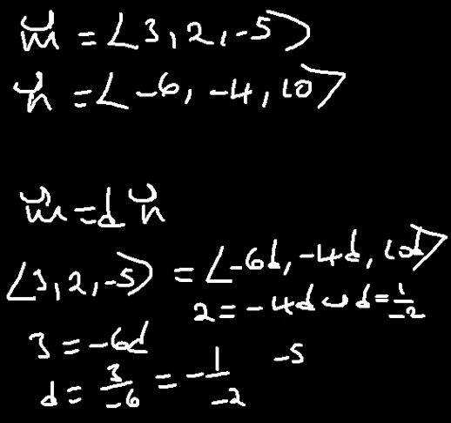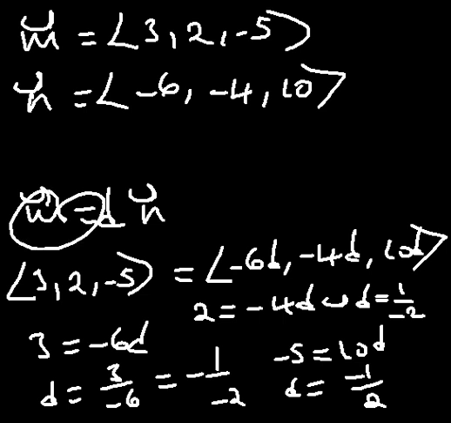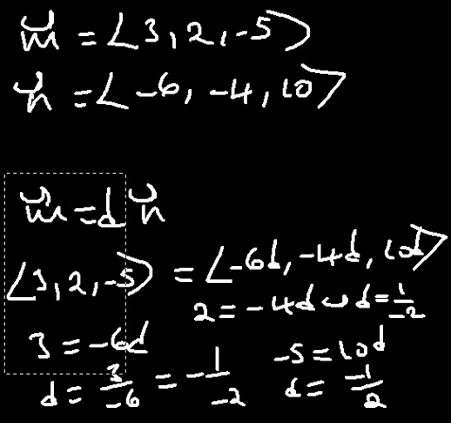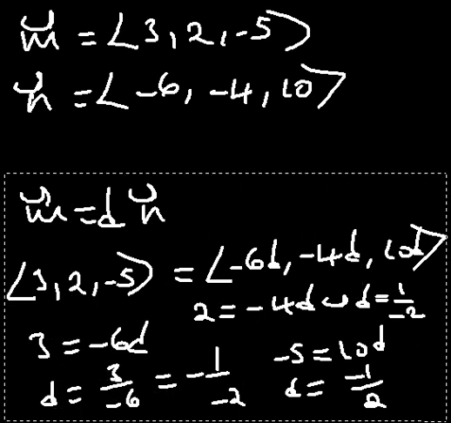And we'll have negative 5 is equal to 10d, so d will be negative 1 over 2. Since the values are the same, it means the vector m as well as the vector n are parallel.